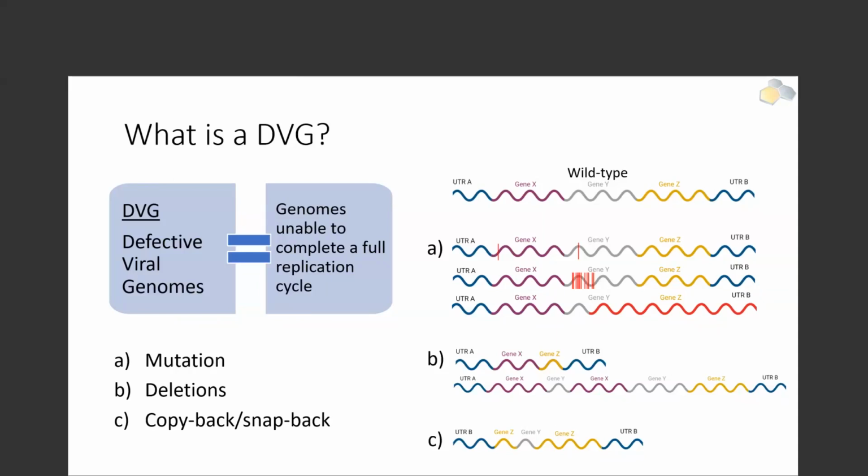And the third version is the copyback or snapback DVG. It's slightly more complicated, and this is mainly what drove the development of the specific tool that we're going to be talking about today, the DVG-profiler.